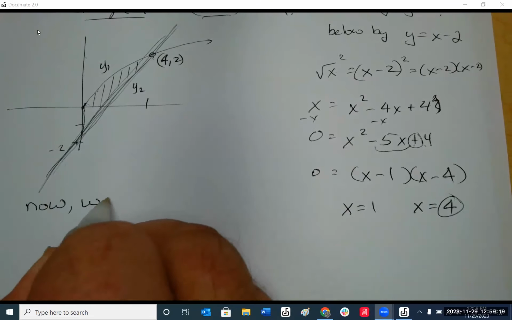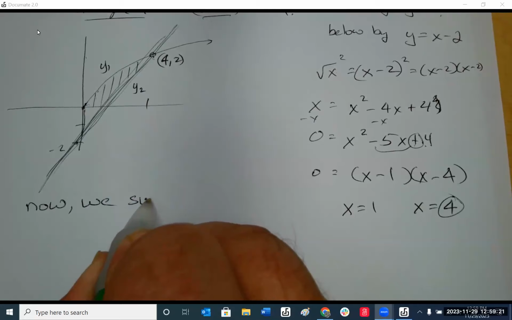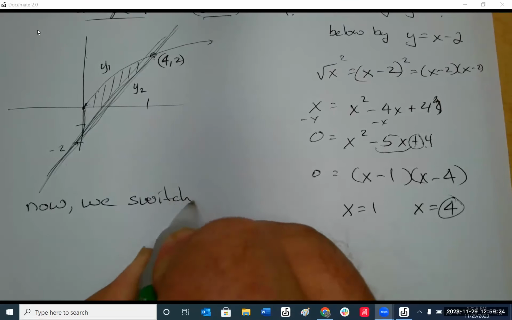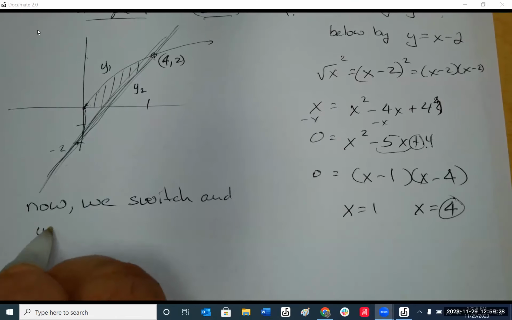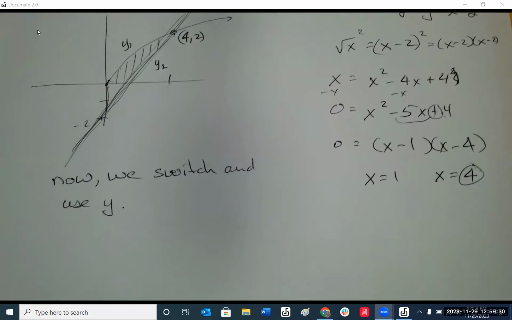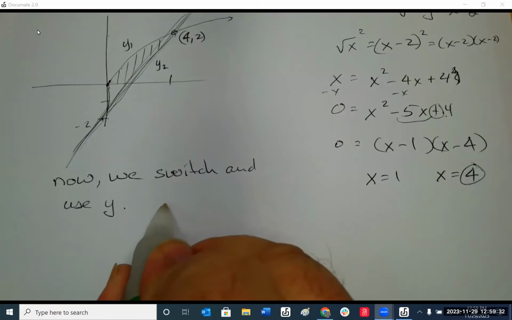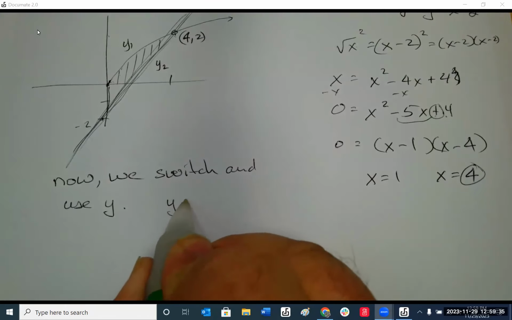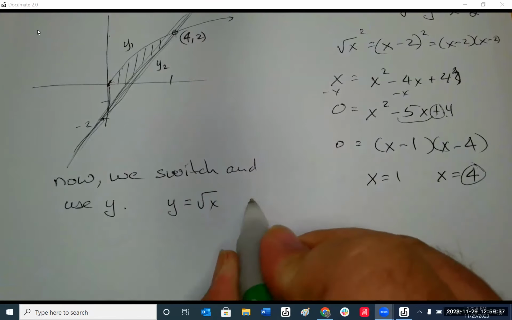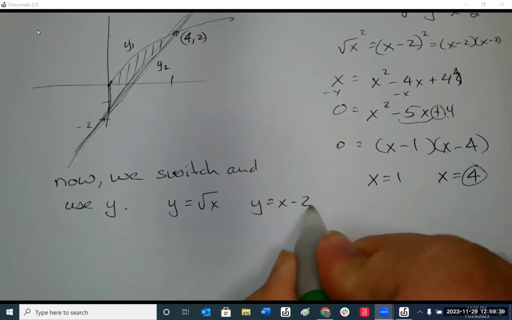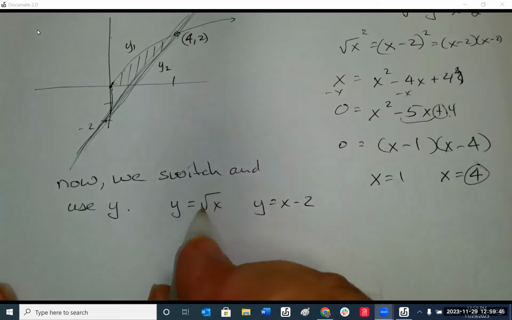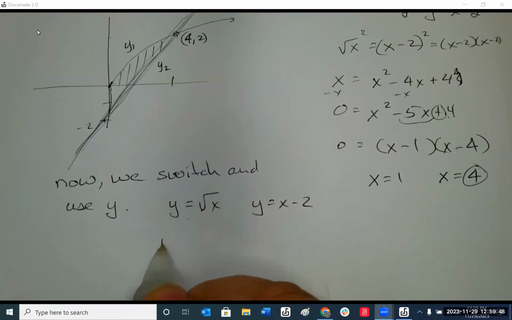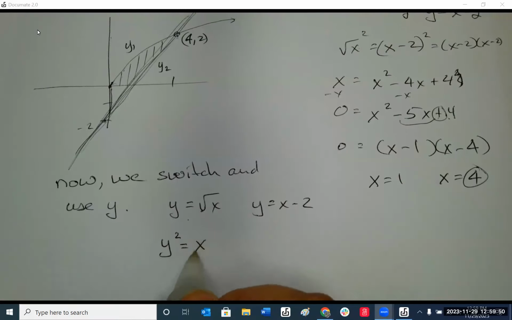Now we switch and use y. So here we have y equals radical x, y equals x minus 2. We first have to solve both of those for x. This first one, y squared equals x.